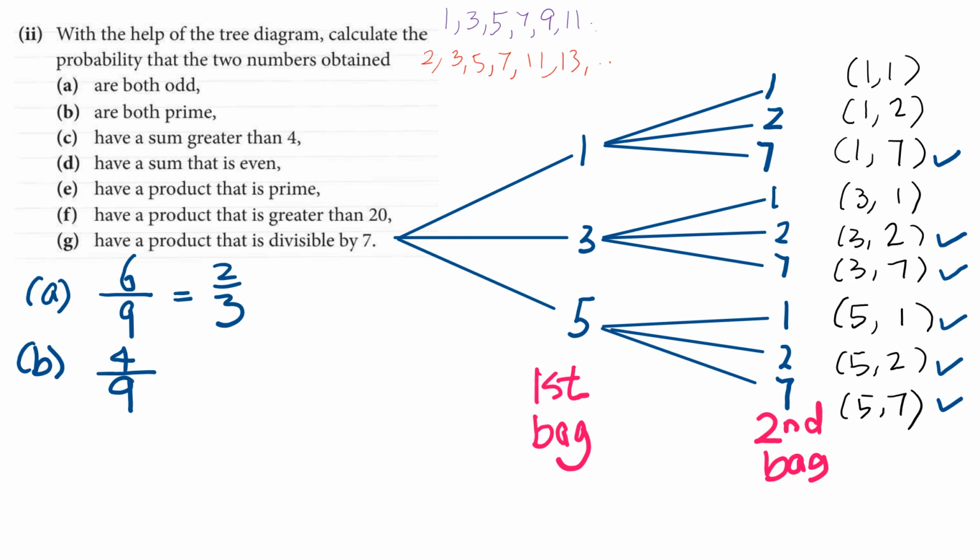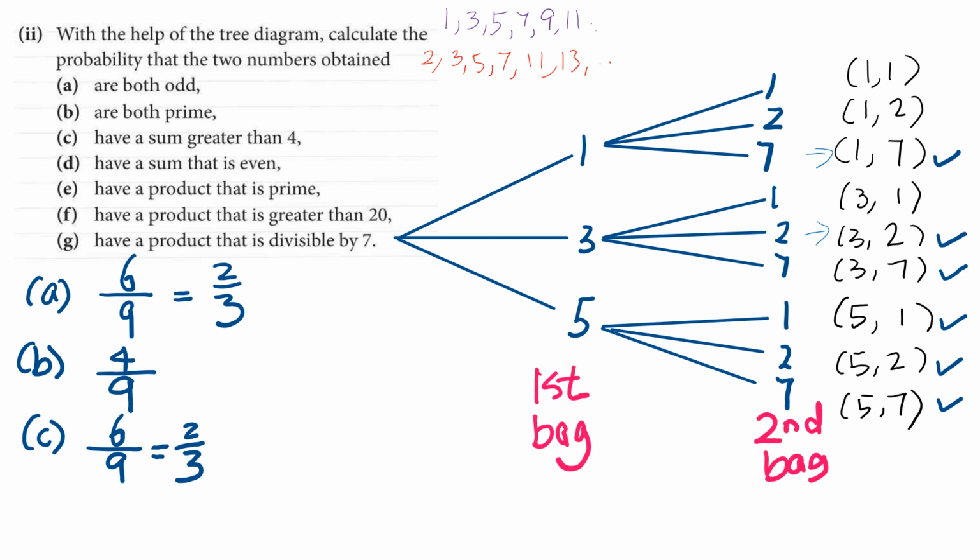For example, in this case here, 1 plus 7 gives you 8, and 8 of course is more than 4. And the second case here, 3 plus 2 is 5, so 5 is more than 4. So there is a total of 1, 2, 3, 4, 5, 6 out of 9. So the probability is 2/3.